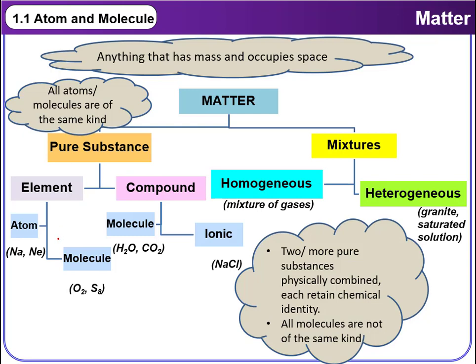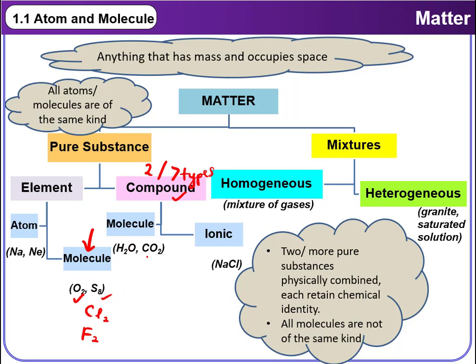Those are monoatoms. How about the molecule? Molecule, if you have more than one atom, such as O2, Cl2, F2, chlorine molecule, fluorine molecule, S8, and so on. How about compound? So what is compound? Compound is the pure substance that contains 2 or more types of atoms of elements that are chemically bonded together in fixed proportion.